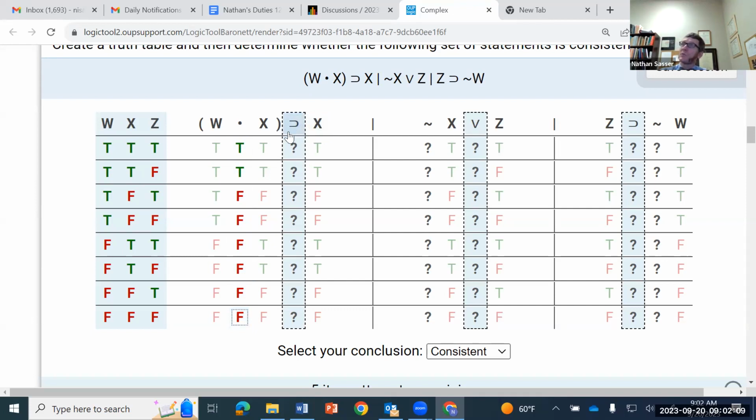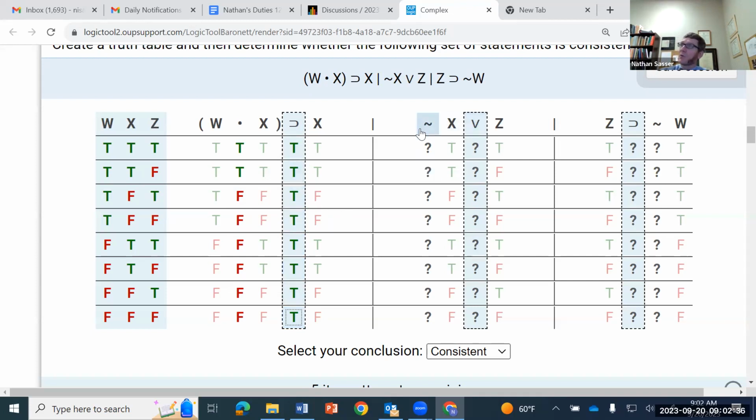So if true, then true, that makes it true. If true, then true, that makes it true. And then all the rest are going to be true because the antecedents are false. And whenever the antecedent of a conditional statement is false, that means the horseshoe is true. So this first statement is actually a tautology, because it's true under all circumstances.